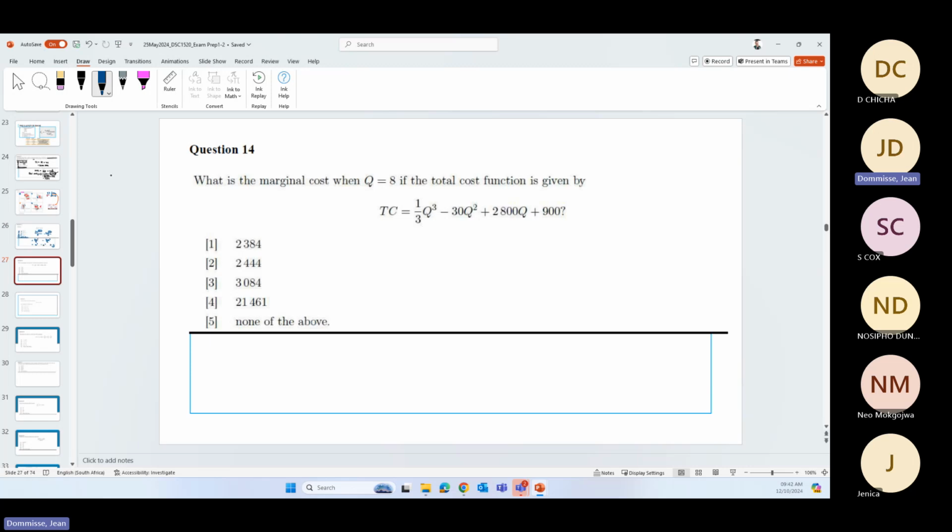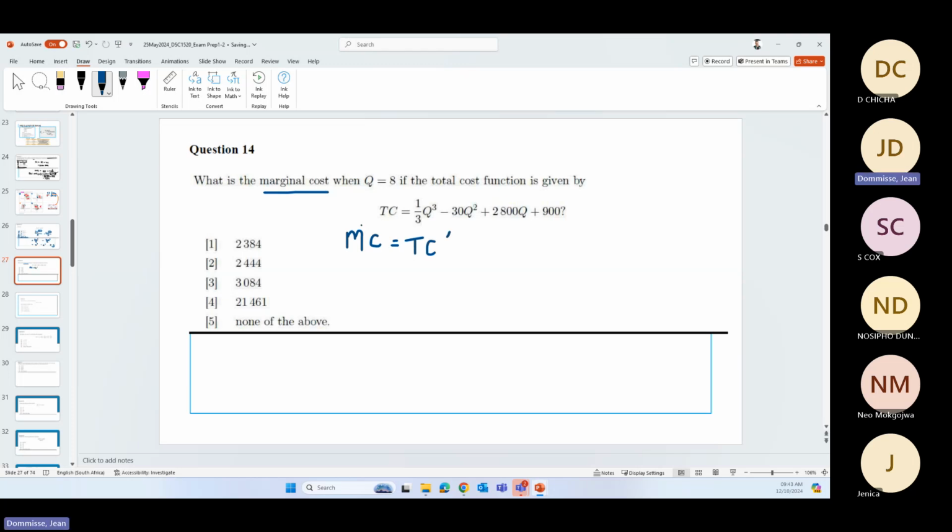So what is the marginal cost when Q is equal to 8 if a total cost function is given by this? So to get to marginal cost, we need to differentiate your total cost.